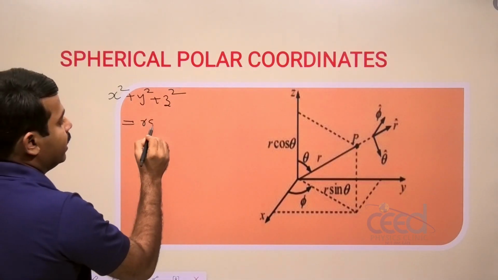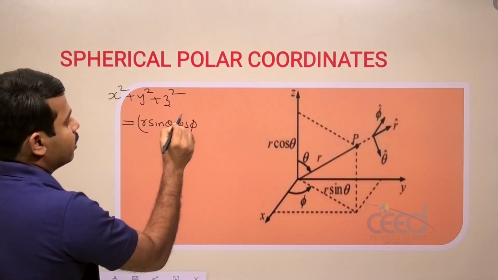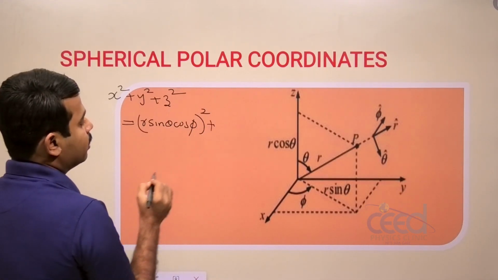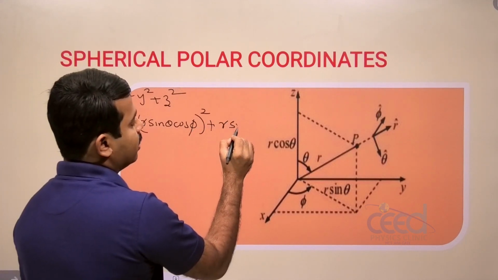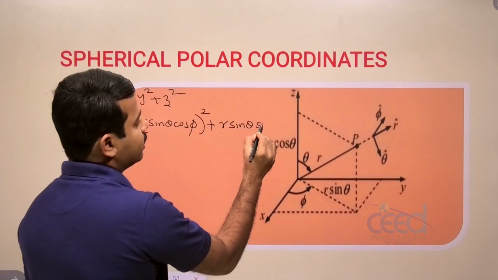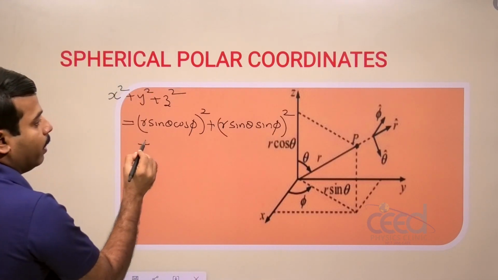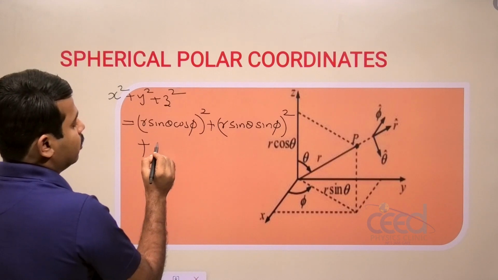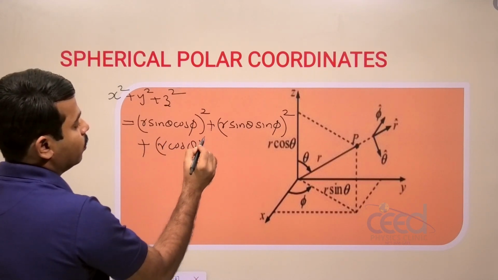Then r sin theta cos phi whole square plus, what is y? R sin theta sin phi, the whole square, right? Now z is equal to r cos theta. R cos theta whole square.